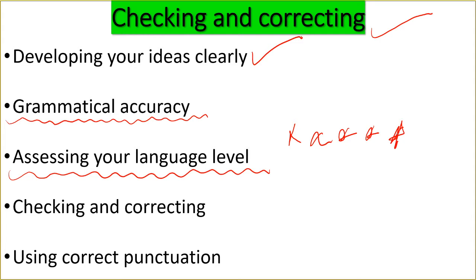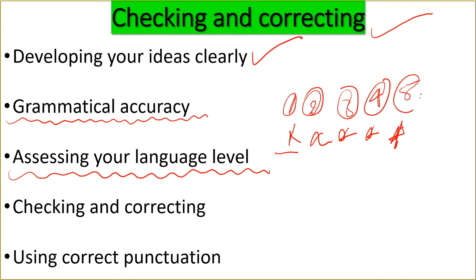So you need to understand how my rating is for the star 1 category, is it for star 2 category, is it for star 3 category, is it for star 4 category, is it for star 5 category. I'll tell you how you need to assess your language level. Every candidate can assess their language level in a well proficient way.